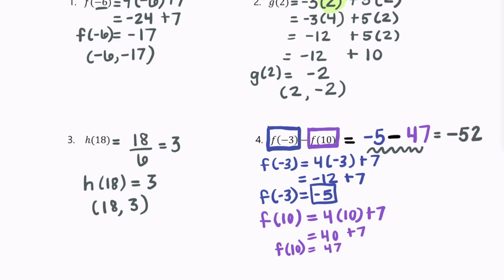So when you do f of negative 3 minus f of 10, we get negative 52. So that should be our final answer. We found the output for f of negative 3, the output for f of 10, and we subtracted them because that's what it told us to do right there.